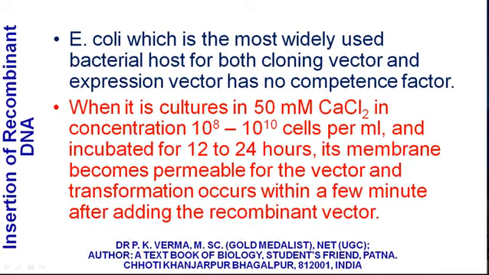When it is cultured in a liquid medium containing 50 millimolar calcium chloride and incubated for 12 to 24 hours, its membrane becomes permeable for the vector, and transformation occurs within a few minutes after adding the recombinant vector.